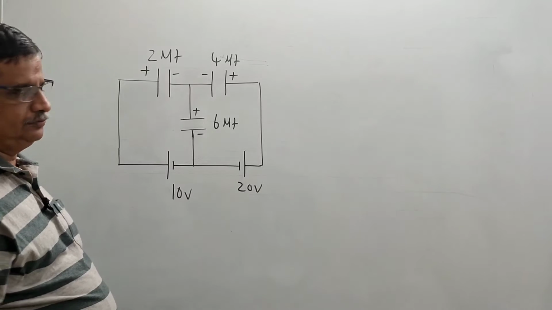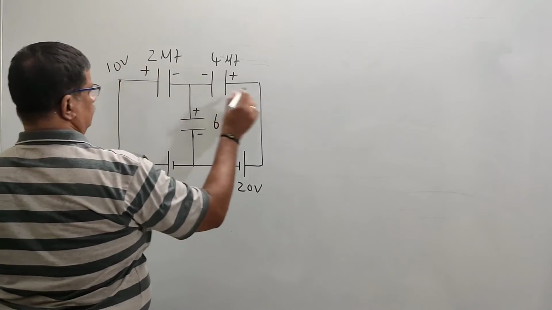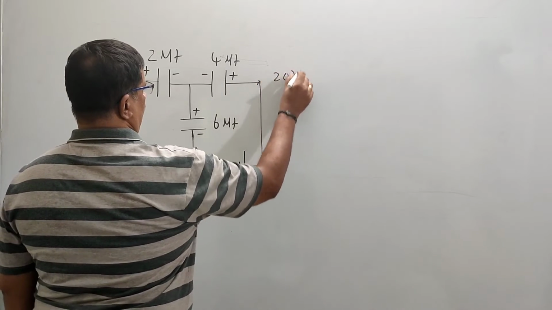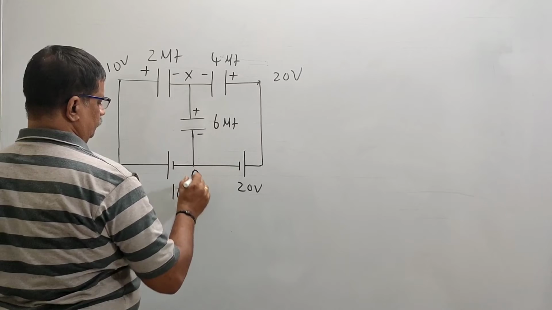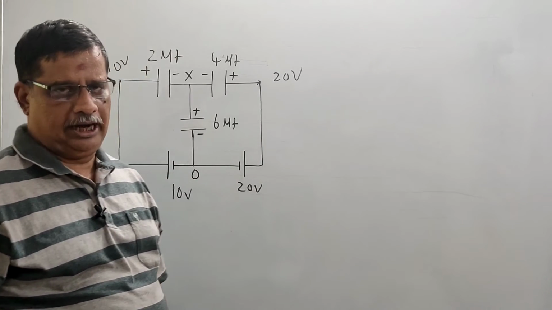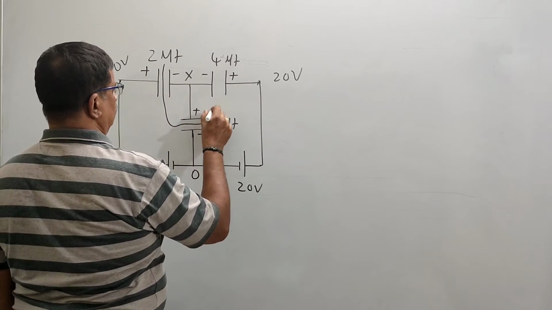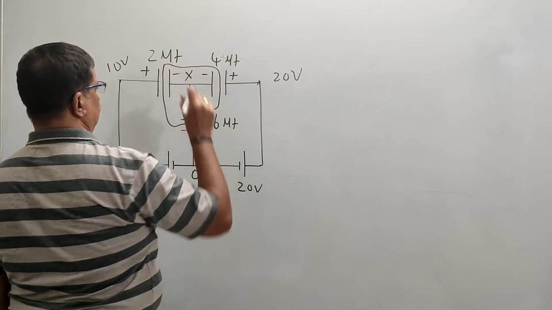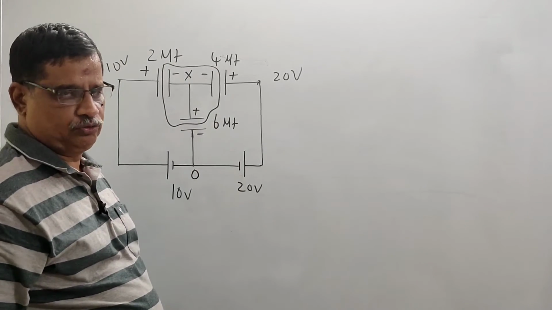Now let us mark the potentials. This point is at 10 volt, this point is at 20 volt, and this one has to be at X because that is unknown, and this one is of course at 0 potential. Now let us identify the isolated system. These 3 plates constitute our isolated system because they are not connected anywhere, and we will apply Kirchhoff's first rule there.